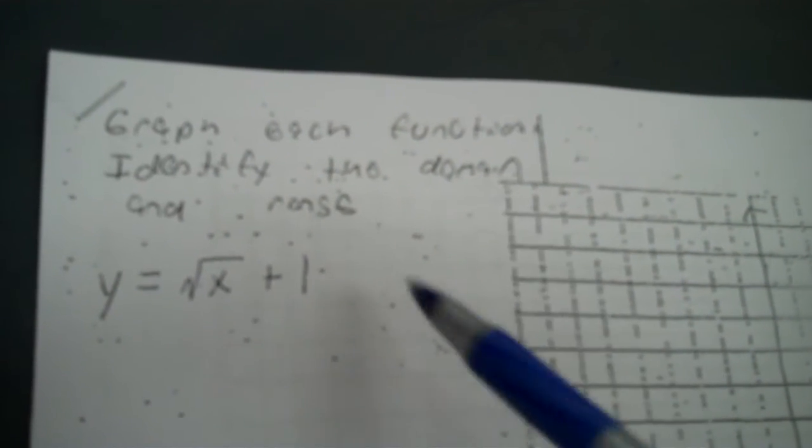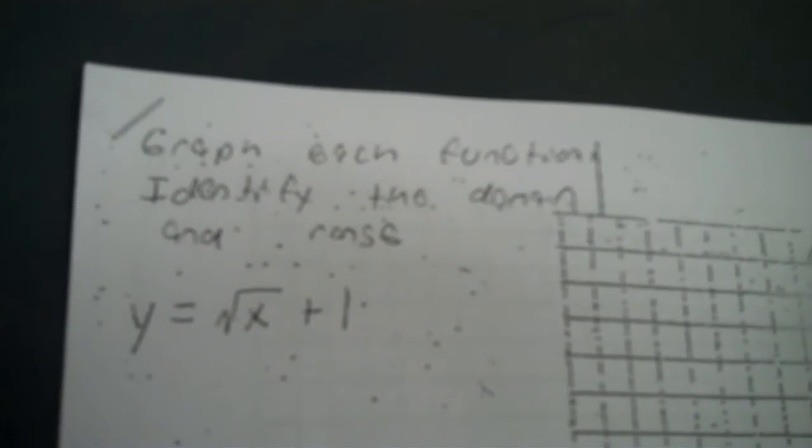By the way, here's what I'm talking about when I say we'll need this for tomorrow. The directions say graph each function, identify the domain and range. Don't worry about the domain and range. We'll do that in the next video, probably tomorrow. So you're going to want to just make your graphs today.